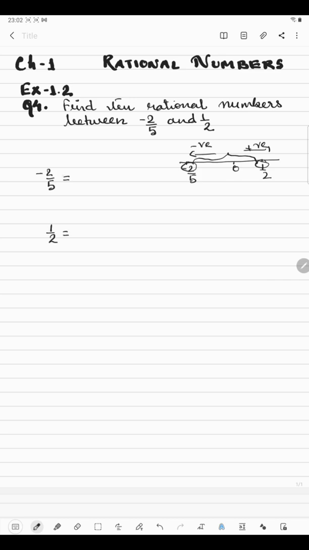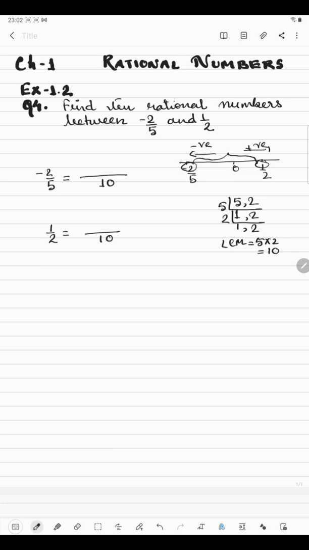At first we will have to find the LCM of 5 and 2. Now what will be the LCM of 5 and 2? 5 ones are 5, 2 ones are 2. So LCM will be 5 into 2, which is 10. So here the denominator will be 10.